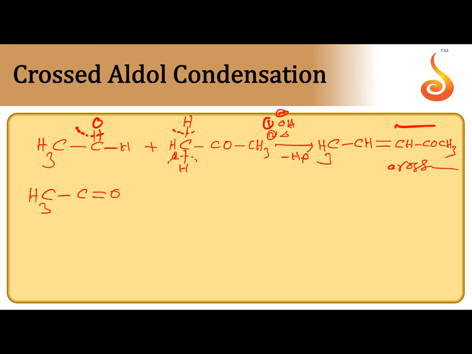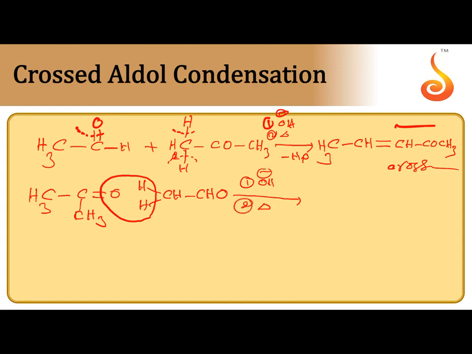You take acetone as the substrate and acetaldehyde as the reagent. Remove 2 alpha hydrogens from acetaldehyde and oxygen from acetone. In the first step, condensation with dilute NaOH. In the second step, heating. So directly we can get CH3, CH3, double bond CH, CHO.